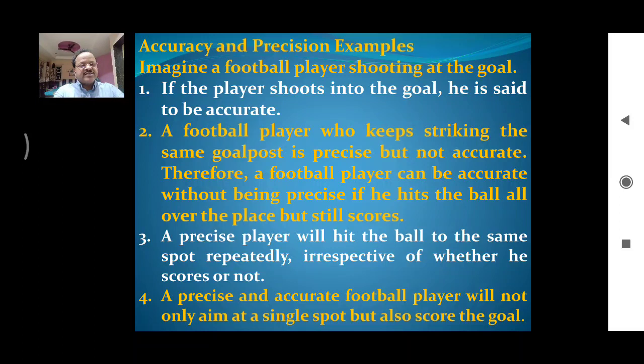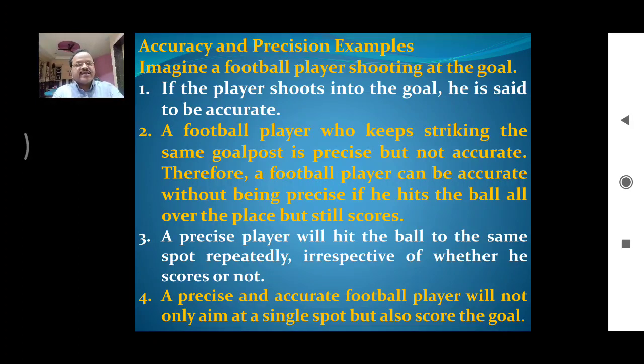If the goalkeeper is at the point where the player is shooting repeatedly, he will catch the ball and there will not be any goal. So the player who is shooting at the same point will be considered precise, but it is not sure that the shot will get converted into a goal.